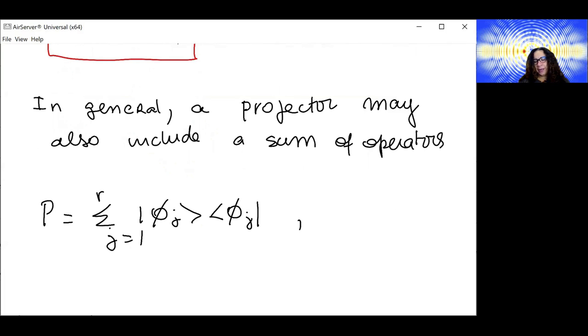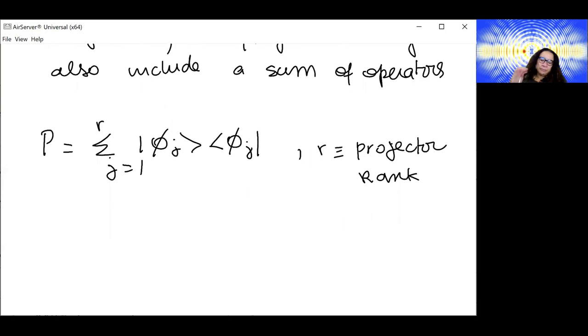And this R is what we call the projector rank, this upper limit here. And what does this mean?